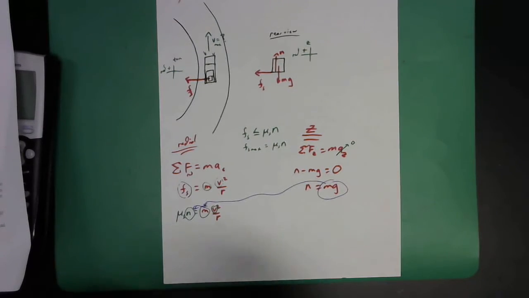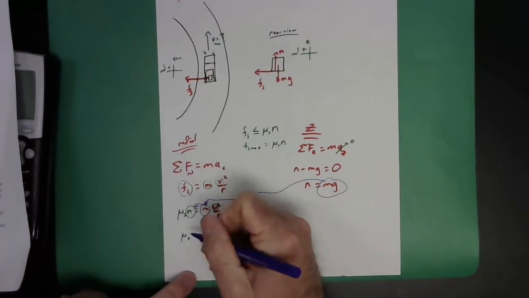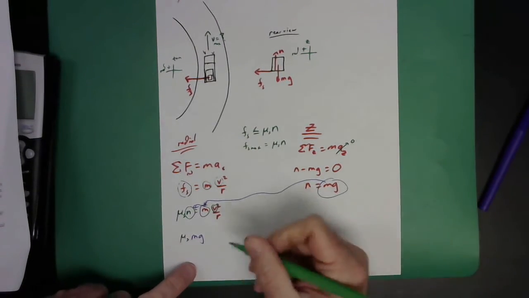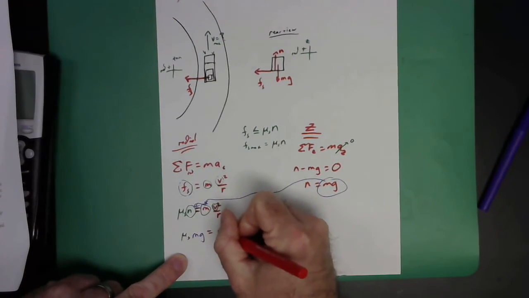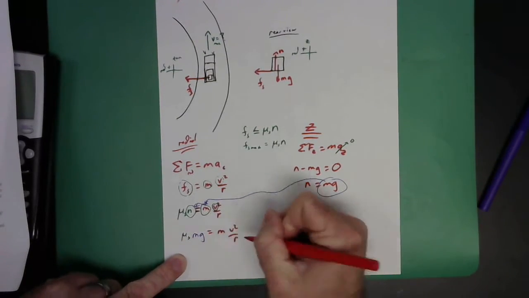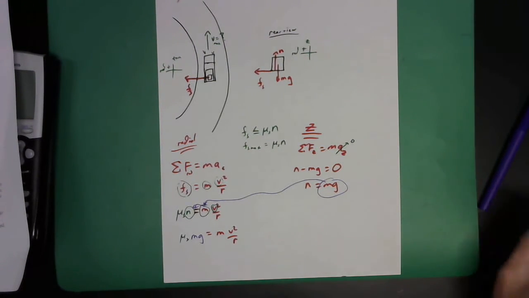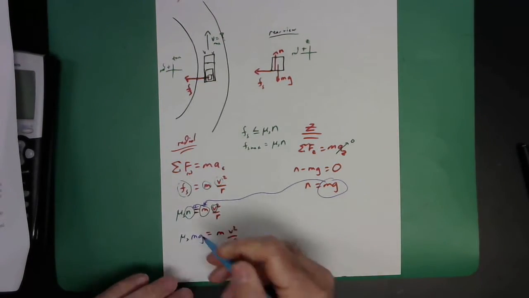And so I'll have mu mg, that's okay, my color coding got messed up here, equals mv squared over r. And you say, hey, look, every term has an m in it. And so that mass is going to drop right out of my calculation. Hooray!